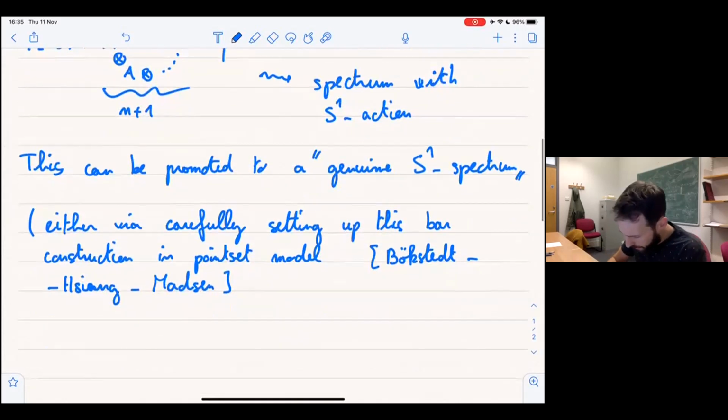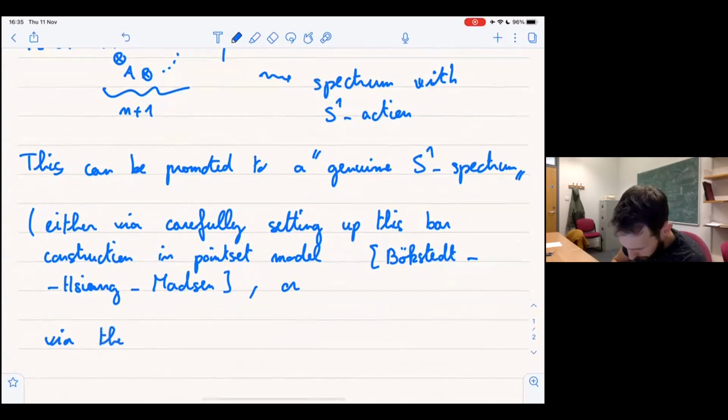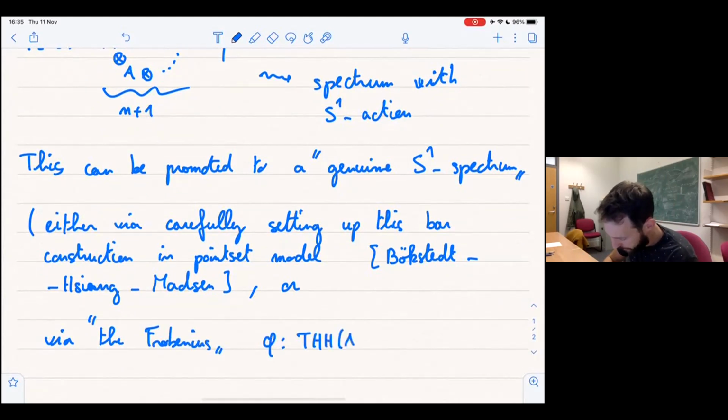Or more recently, by defining a certain map, which is called the Frobenius, via the Frobenius, which is a certain map from this THH of A to its Tate construction for the group C_p.